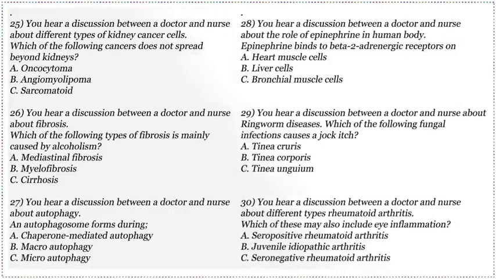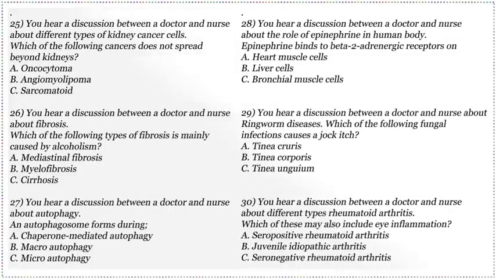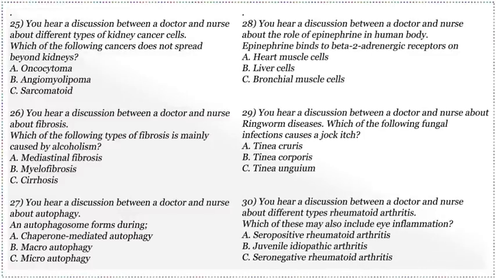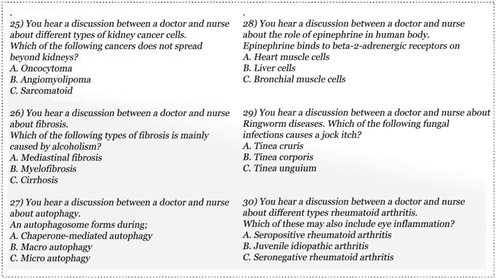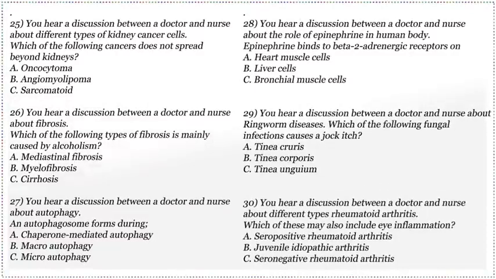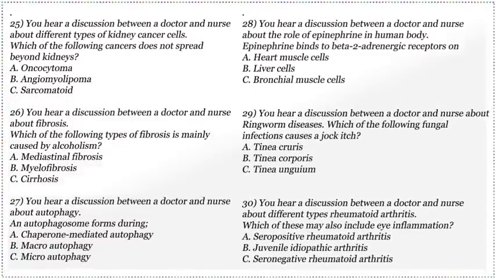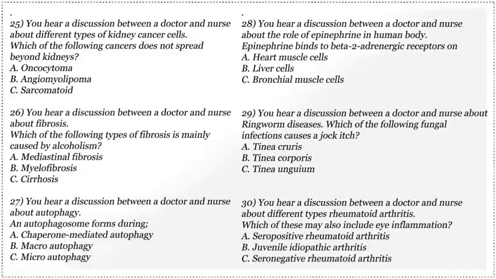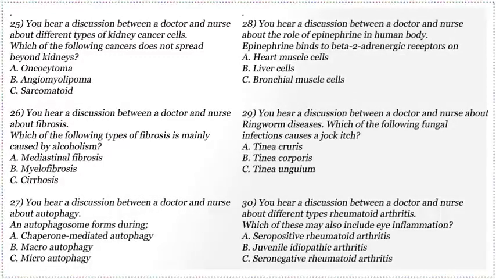You will have time to read each question before you listen to the audio. Complete the answers as you listen to the audio. Now look at question 25. You hear a discussion between a doctor and nurse about different types of kidney cancer cells. Now read the question.